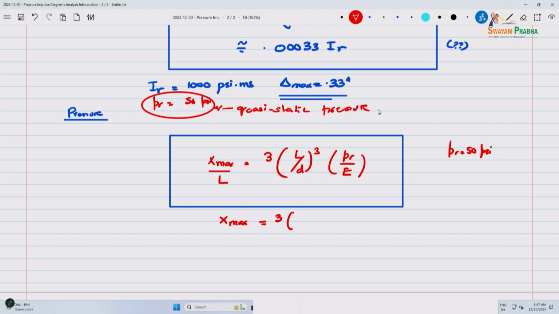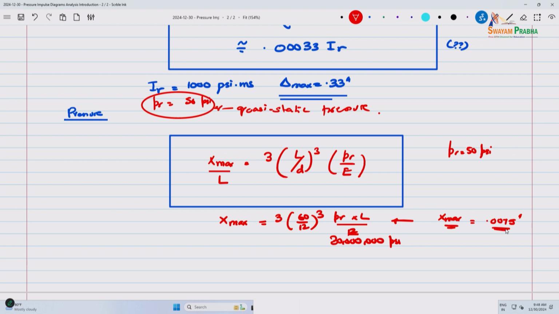Then you can get 3 times 60 by 12 cubed PR multiplied by L divided by E, and you can get E to be 30 million, and you can get X max, and you will find that X max values are much lower in this case. For my case, X max is 0.0075 inches.